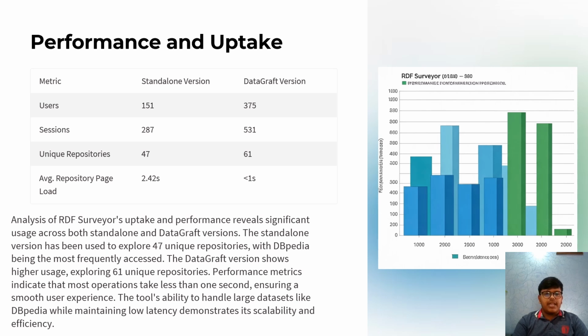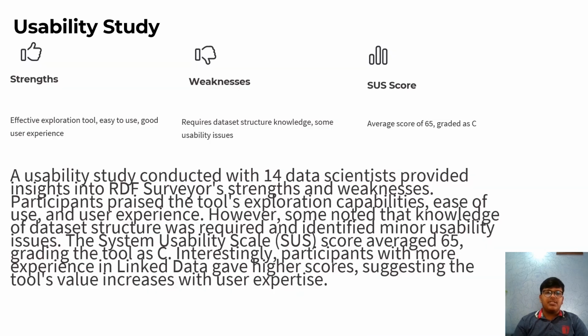The standalone version has been used to explore 47 unique repositories, with DBpedia being the most frequently accessed. The Datagraph version shows higher usage, exploring 61 unique repositories. Performance metrics indicate that most operations take less than 1 second, ensuring a smooth user experience. The tool's ability to handle large datasets like DBpedia while maintaining low latency demonstrates its scalability and efficiency.